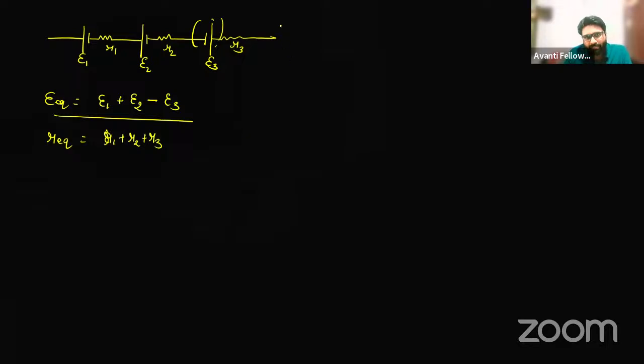E equivalent is what? E1 plus E2 minus E3. The change in polarity means a change in sign. R equivalent will be the same. There is no change in R equivalent, R1 plus R2 plus R3, but equivalent EMF will change.